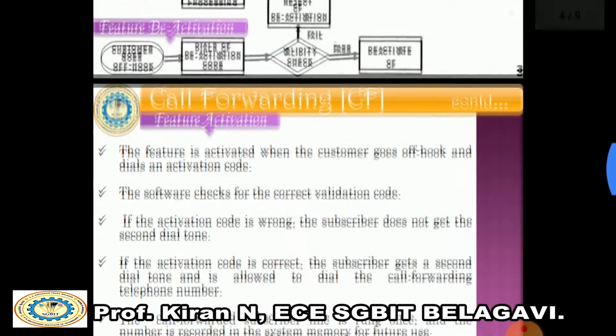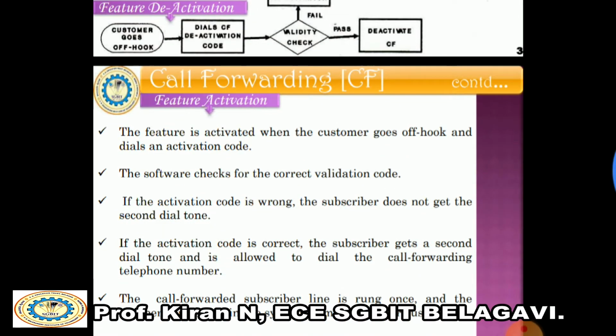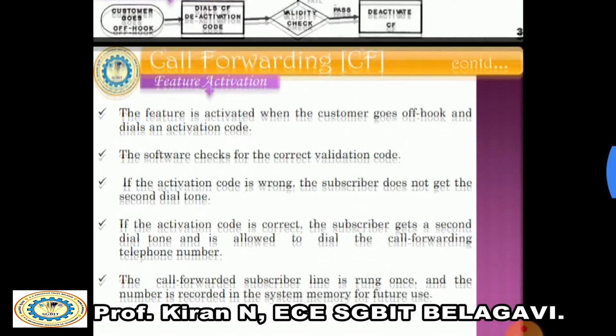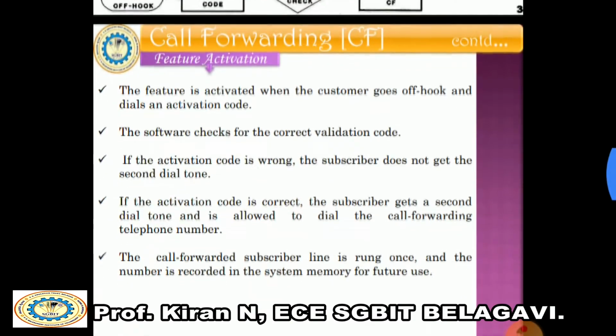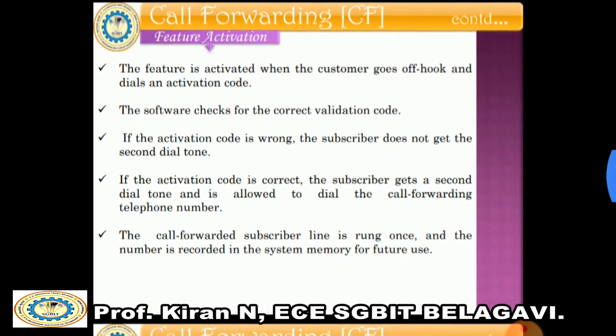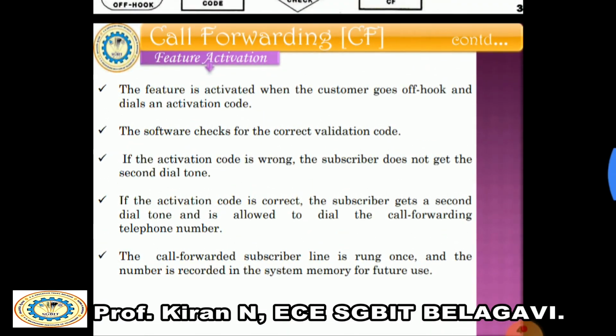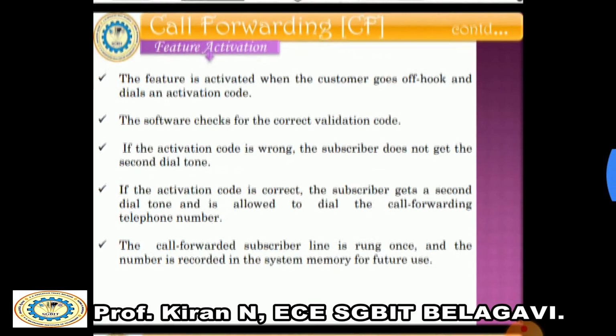Basically, whenever an incoming call arrives to the subscriber, first of all it checks whether the line has call forwarding activated. If it is not activated, then as usual it proceeds with the normal call processing.